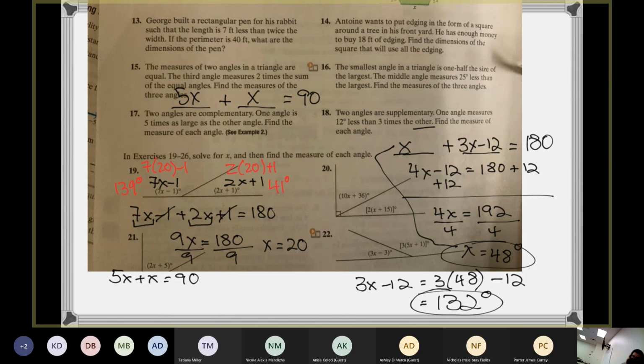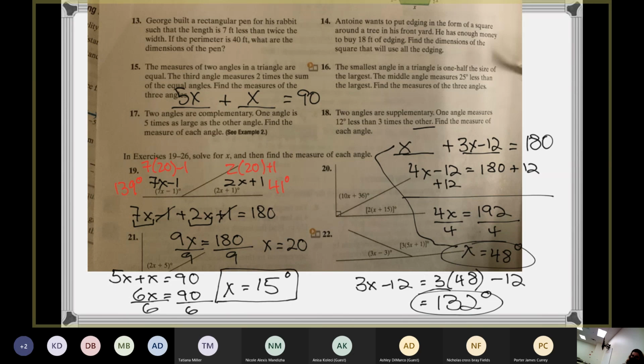5x plus x is 6x equals 90. Divide by 6. x is equal to 15. You can't stop here. That is one value of the first angle.